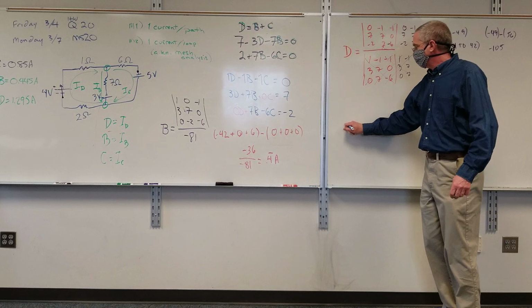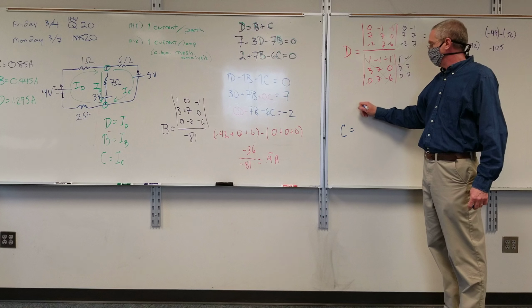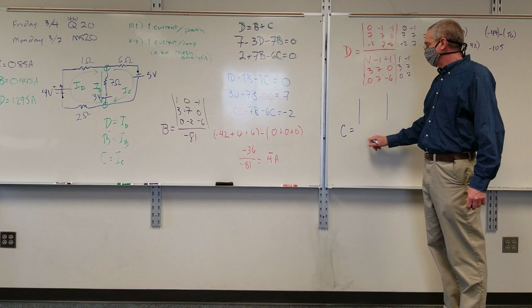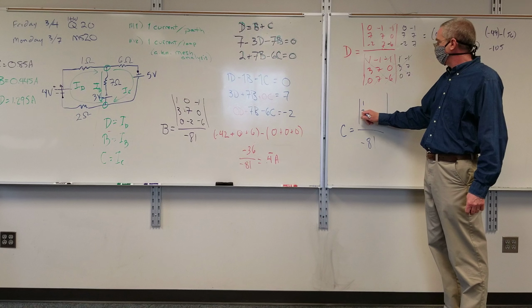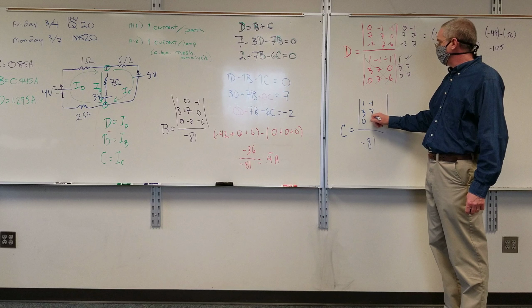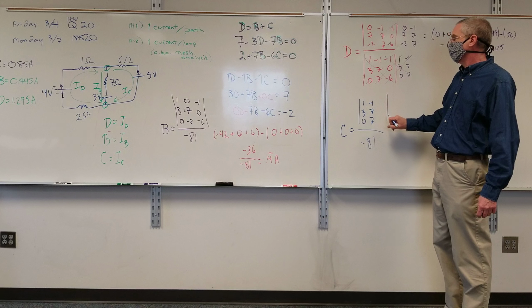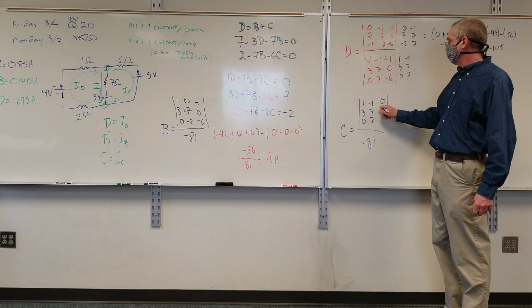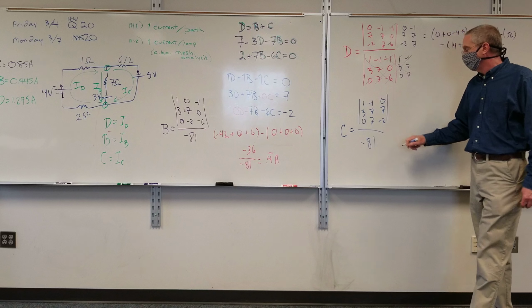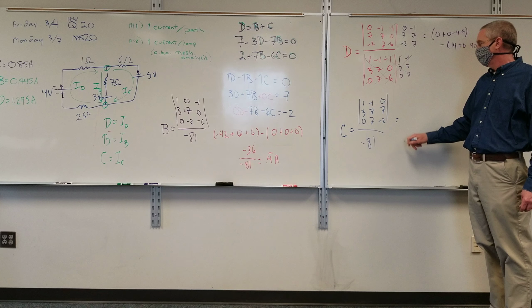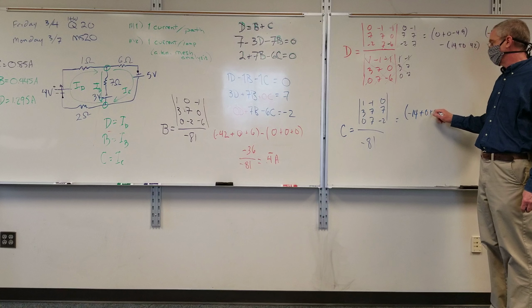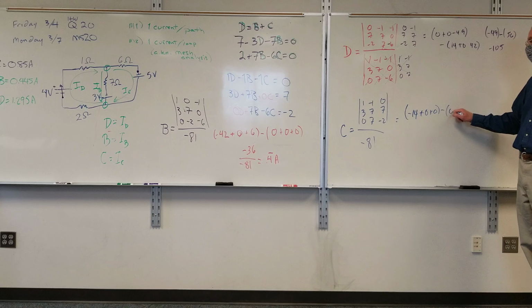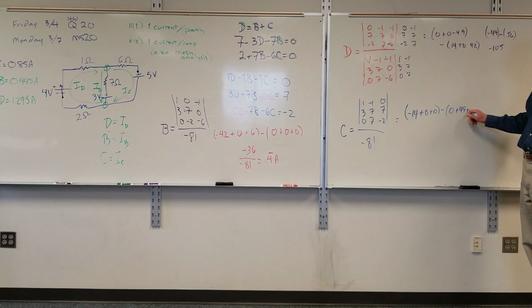And so C is equal to, well, my denominator, negative 81, I got that far. So now I got 1, 3, 0, negative 1, 7, 7, and then I'm replacing the third column with 0, 7, negative 2. Negative 14 plus 0 plus 0 minus 0 plus 49 plus 6.